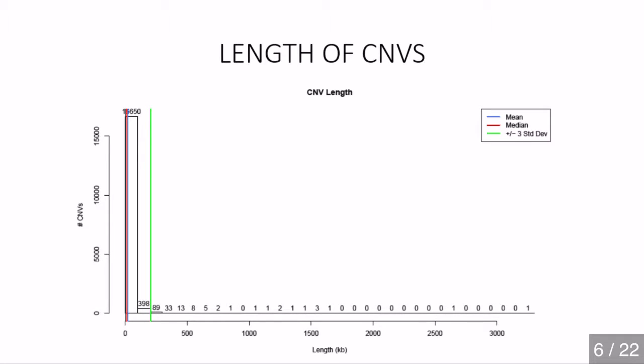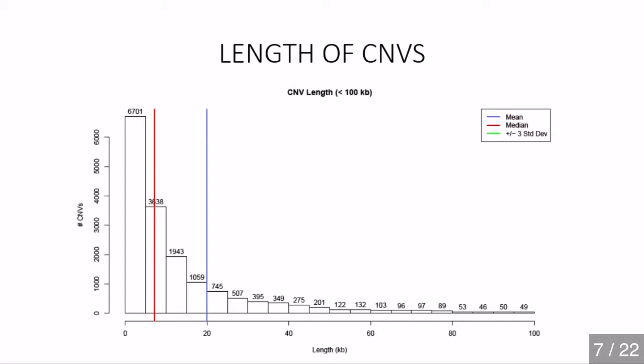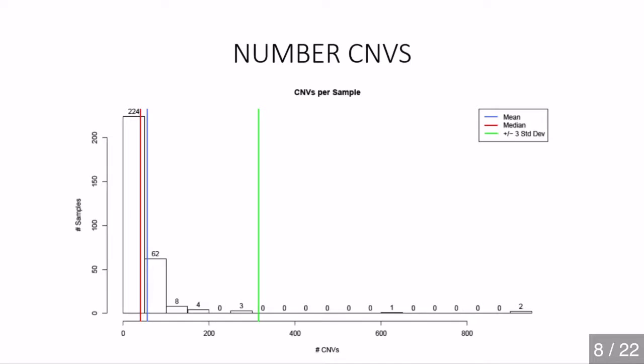So that would make us seem pretty confident that the data that we have here is reliable. So the length of the CNV is also another one of these metrics where the smaller the CNV, the more likely that it's an accurate representation of the sample and more reliable data.